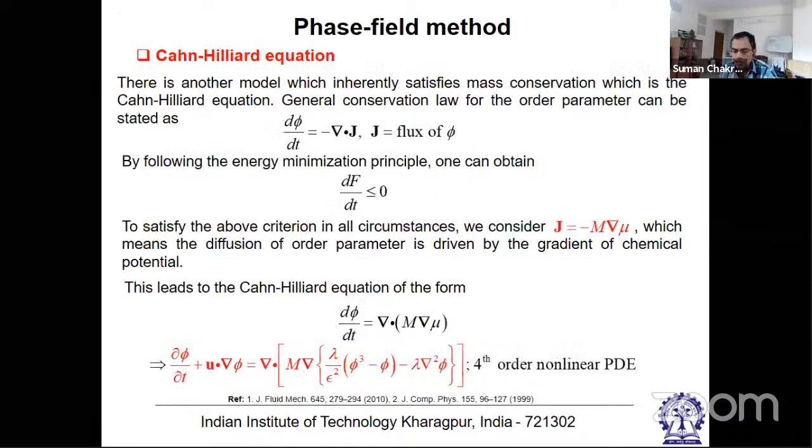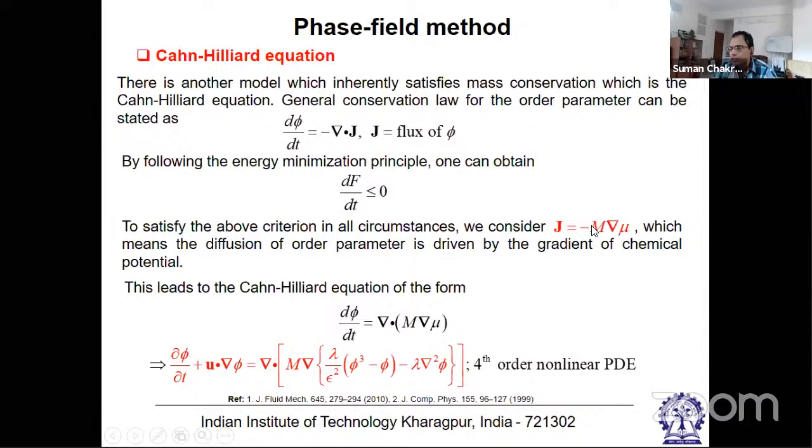So all these extra calculations you can avoid if you express the governing equation of phi in the form of a general conservation law, where the flux you write in terms of the gradient of the chemical potential, and that is where all the thermodynamics is.